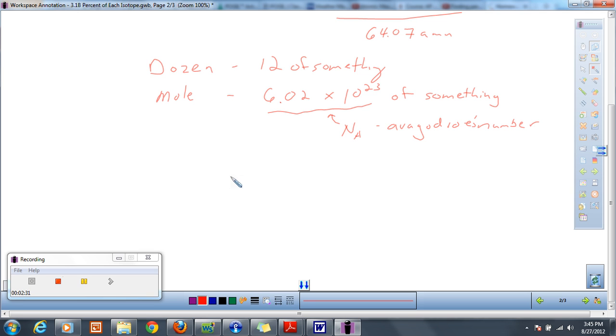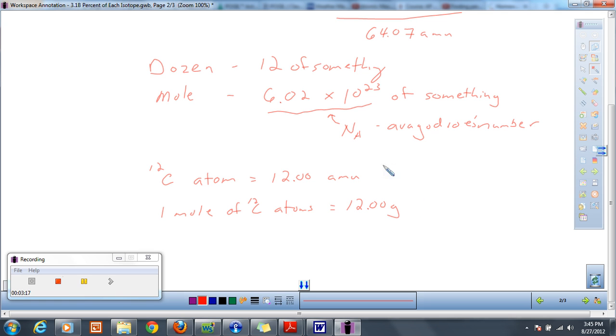So, for example, carbon-12. You know that one carbon-12 atom has a mass of 12.00 atomic mass units. And we've devised it so that one mole of carbon, so 6.02 times 10 to the 23 carbon-12 atoms, has a mass of precisely 12.00 grams.